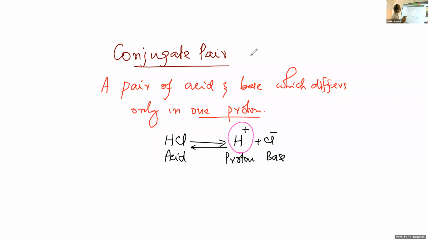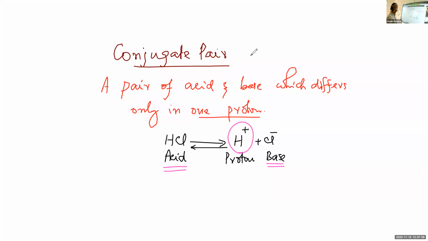Such a pair of acid and base, which differs only in one proton, is a conjugate pair. So here HCl and Cl minus is a conjugate pair. Cl minus ion is the conjugate base of HCl, while HCl is the conjugate acid of Cl minus ion.